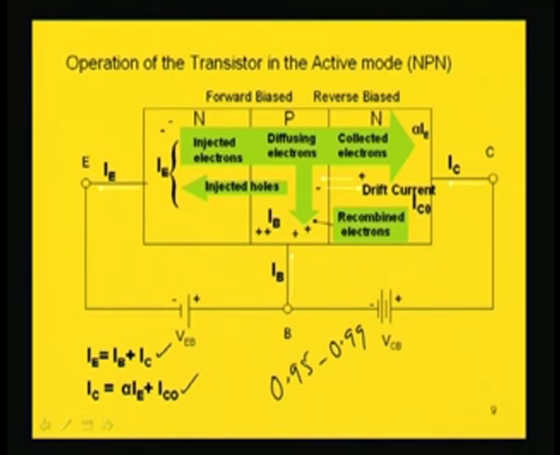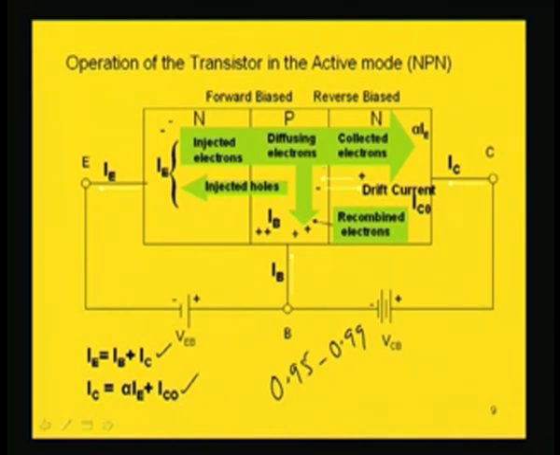So, the total current IC is due to these two components, alpha IE plus IC naught, which will be in the same direction from right to left. So, IC is into the transistor, IB is into the transistor, IE is out of the transistor. So, this Kirchhoff's current law is valid here also, as we have just now seen, and the other equation is IC equal to alpha times IE plus IC naught.